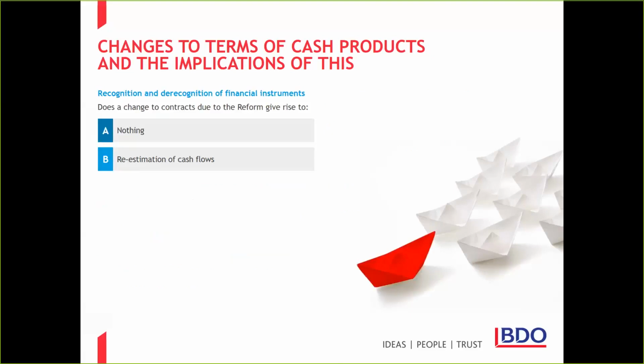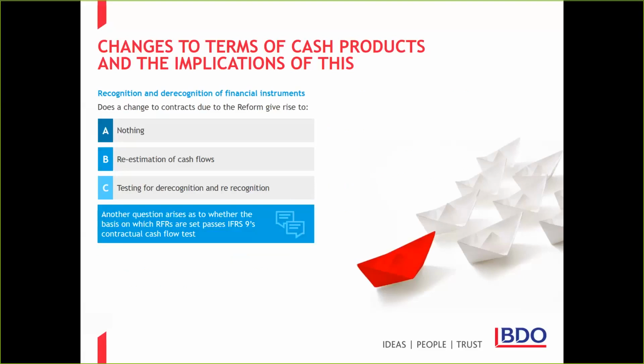Secondly, one could re-estimate the cash flows as a result of the change from an interbank offered rate to an alternative risk-free rate, but not the rate itself that is used to discount them. The third possibility is assessing whether one needs to derecognize the current financial instrument and re-recognize a new one.